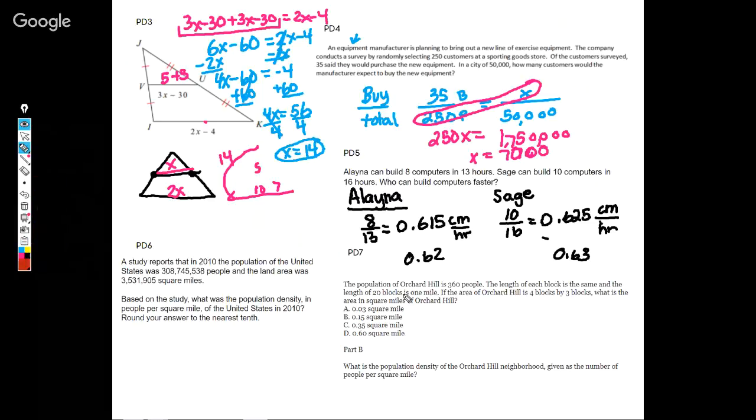Let's do last two and then we'll be done. A study reports that in 2010, the population of the United States was this big number, and this was the miles. What was the density? Density is always how they tell you people per mile, things that you can count over space. So I'm going to put this big number in.